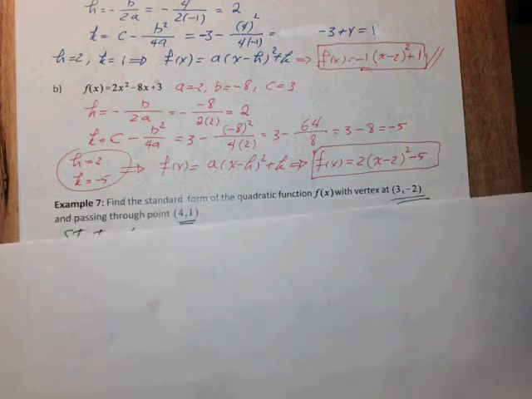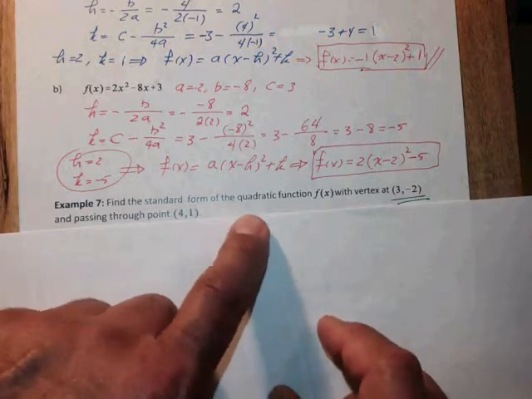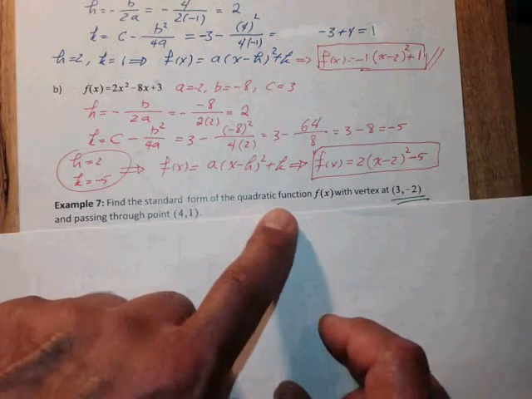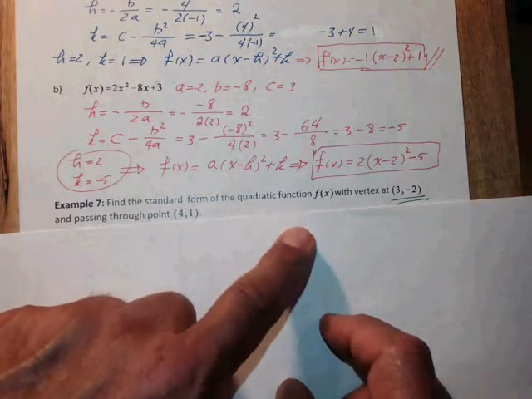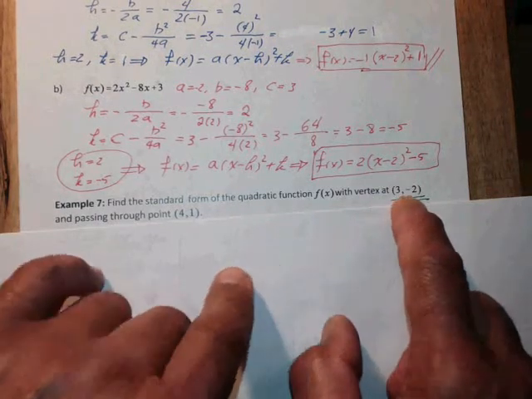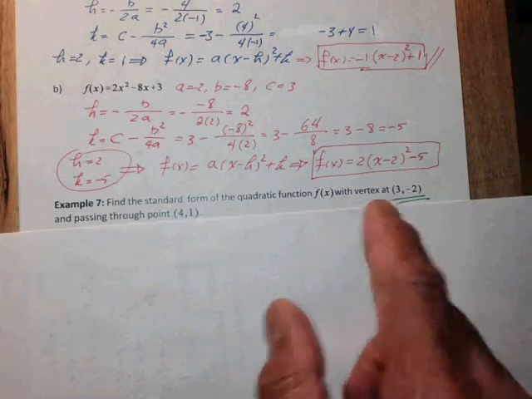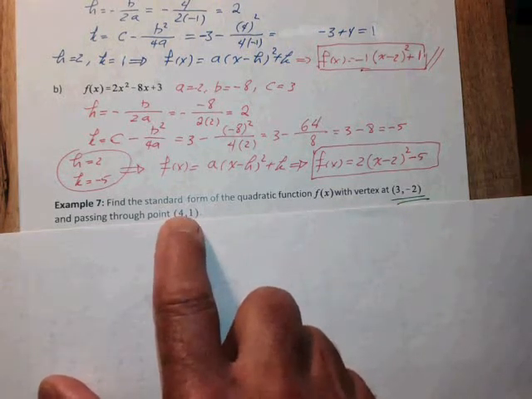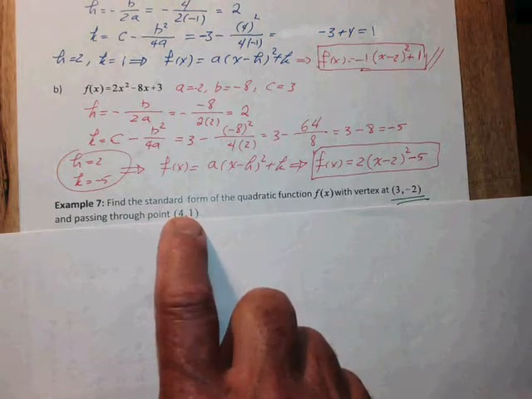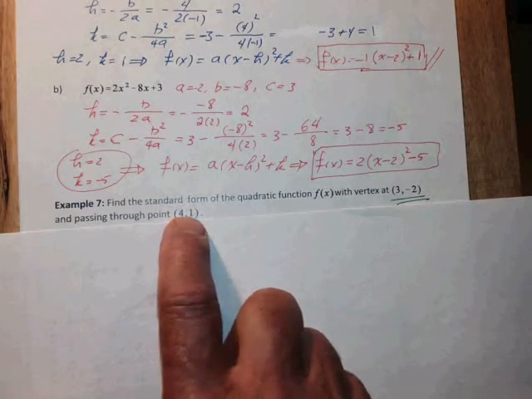Okay. So here's the idea. First of all, the question is asking you to find the equation of a quadratic function that has a given vertex and goes through a given point. So the vertex is given, and one other point is given. That means the graph goes through this point. That means if x is equal to 4, the y value would be 1.